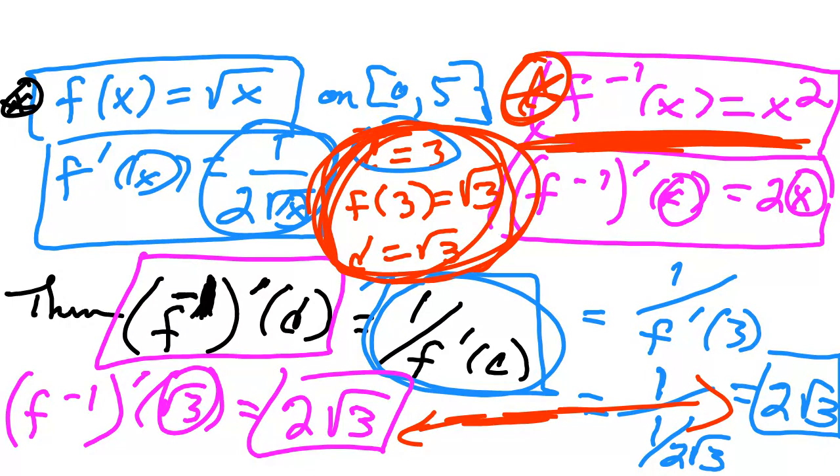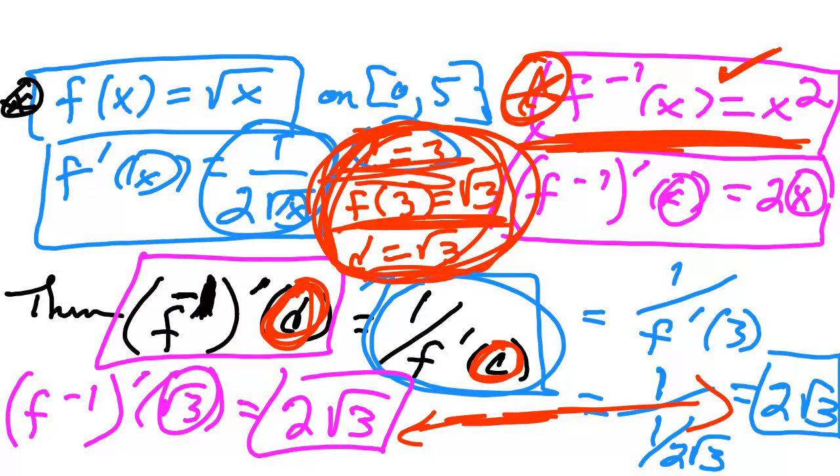So this is what I was trying to do early on in that example where I did it in general and got messed up because I was using this notation, but dx dy was denoted as f inverse prime of y. And of course, y is the output. D is the output here. C is the input. But we're all good when we can plug in specific numbers. Makes life a lot easier.